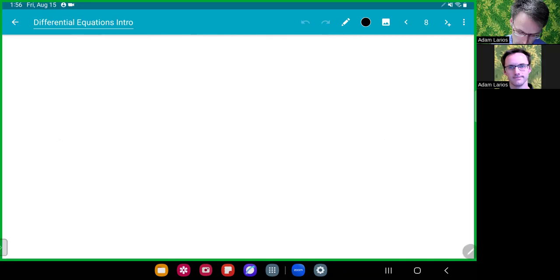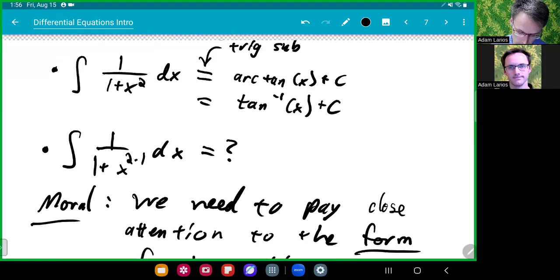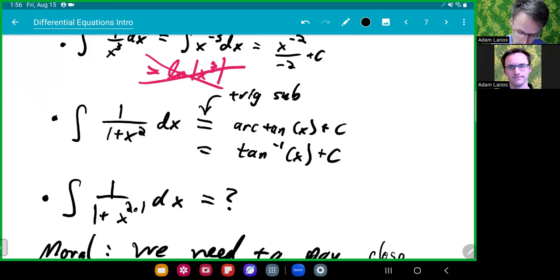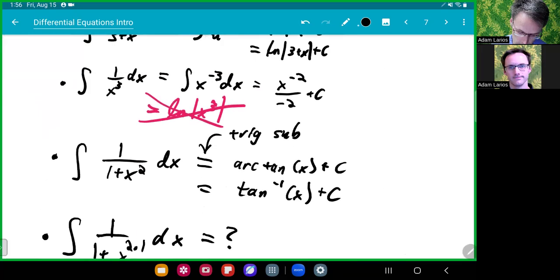So if I'm a Calc 2 student and I'm having trouble recognizing the difference between something like this versus something like this, for instance, a lot of times you'll see people write incorrectly that this is the log of 1 plus x squared, which is dead wrong.